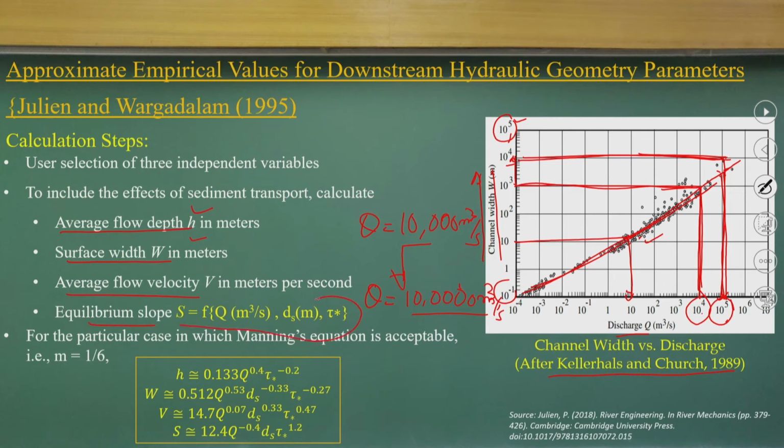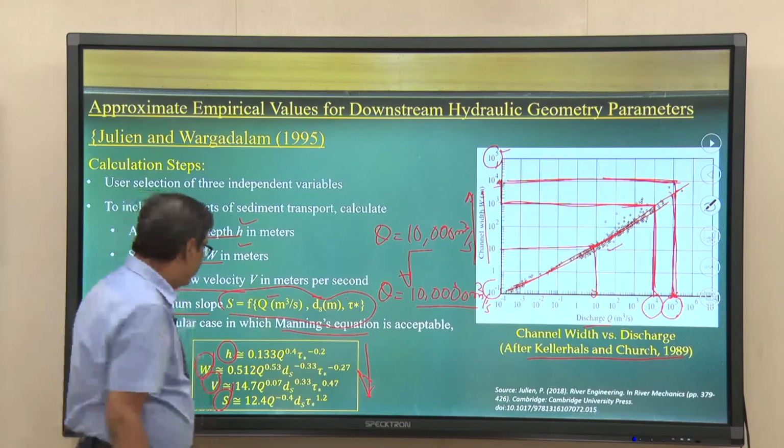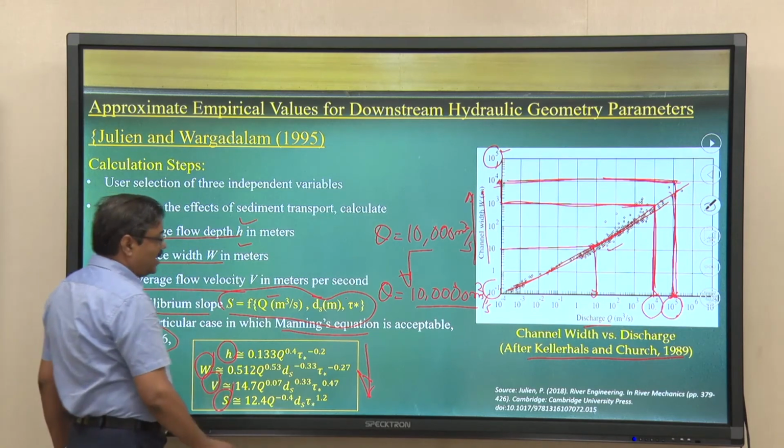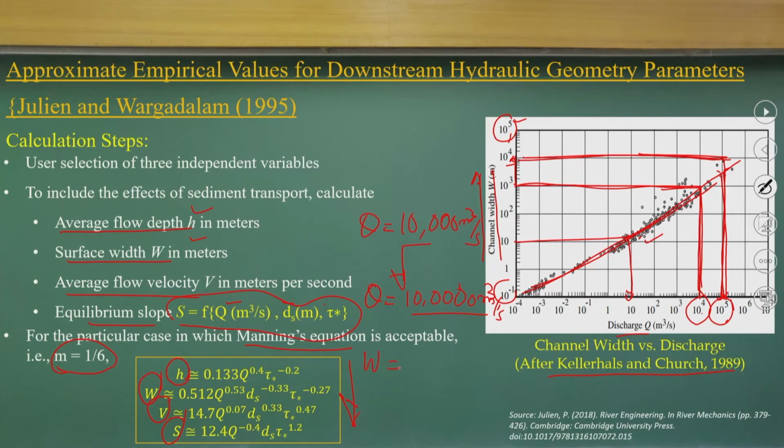If you establish the equilibrium slope as a function of q, ds and tau star, and use m equal to 1 by 6 in Manning's equation, you can modify these equations to get an approximate relationship between flow depth, width, velocity and energy slope. Lacey's equation says the width is a constant times a power function with exponent 0.5. The same thing here is 0.53.